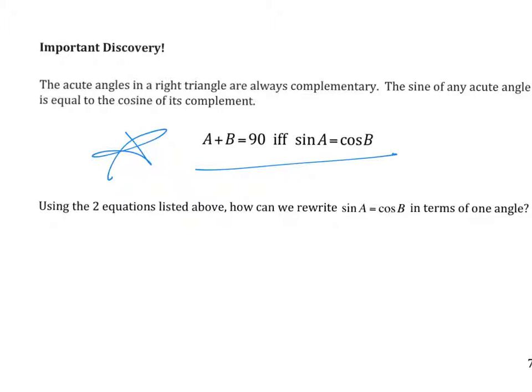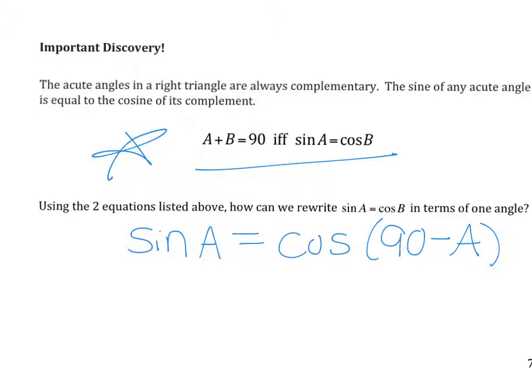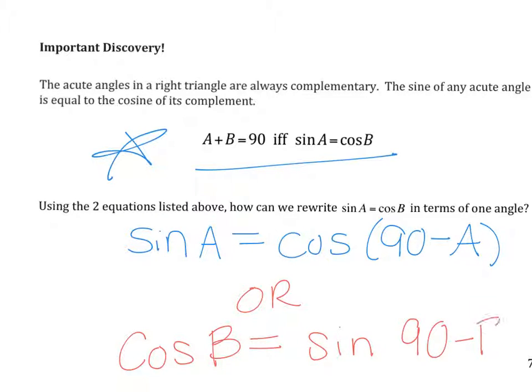We can either write sine of A is equal to cosine of 90 minus A, or cosine of B is equal to sine of 90 minus B.